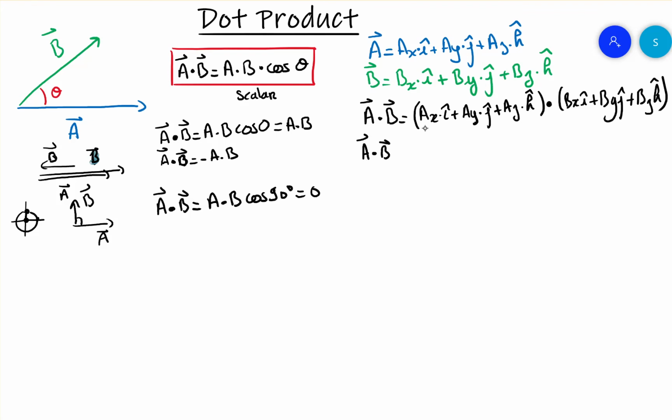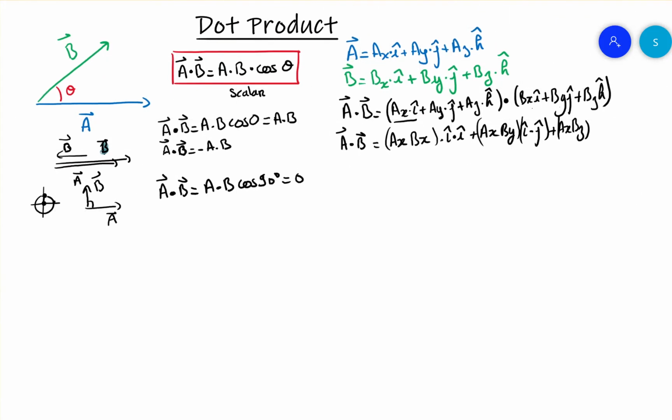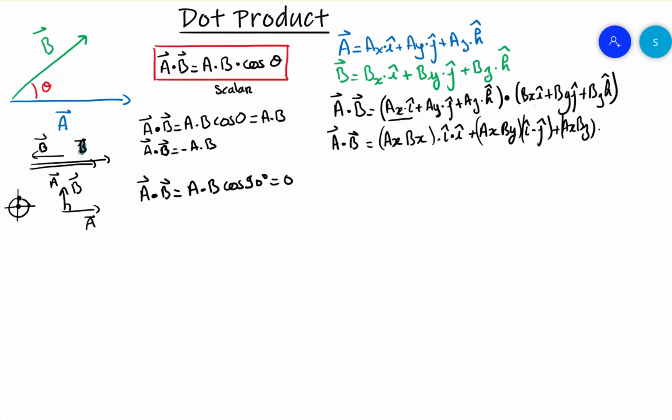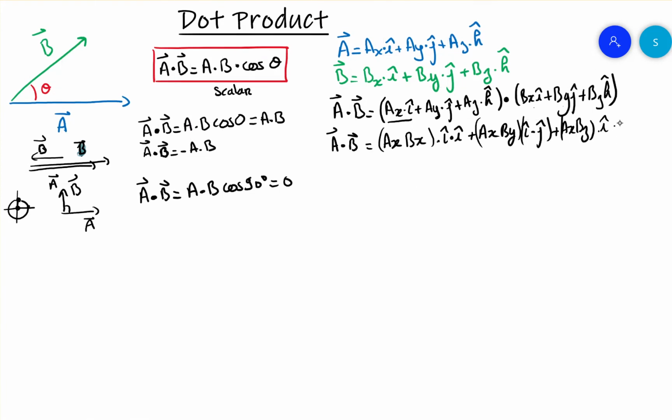First I develop Ax i hat and multiply by each term of B. So it will be Ax Bx times i hat dot i hat, putting together the magnitudes and together the vectors, plus Ax By times i hat dot j hat, plus Ax Bz times i hat dot k hat.